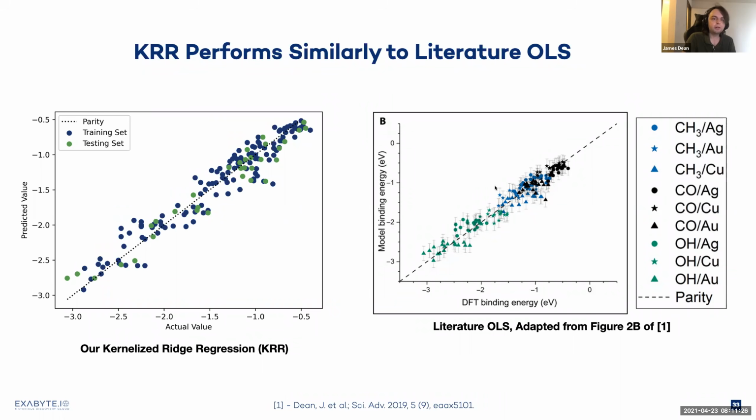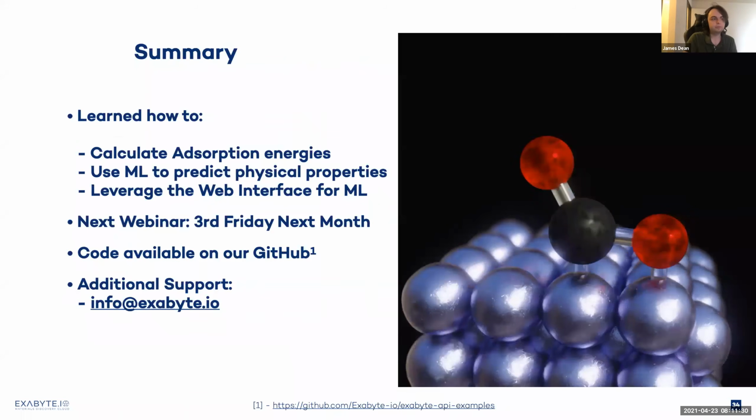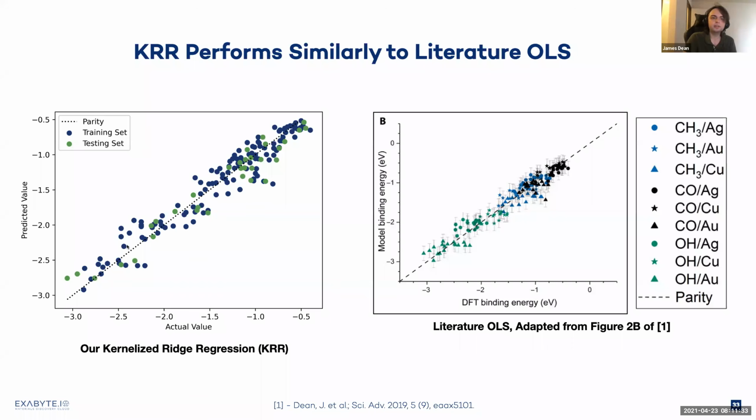And so we see pretty good agreement, which makes sense because OLS and ridge regression are very related to one another. Ridge regression is just linear regression where there's an extra penalty term for having too much weight on one coefficient. And kernelizing it is just adding a kernel to the data. And so very similar models, so it makes sense that we would get similar performance.